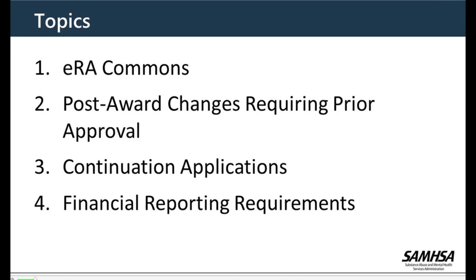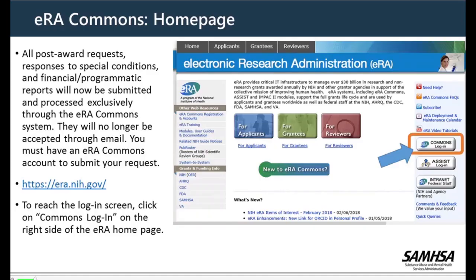But either way, here's a brief overview on logging into ERA Commons. This is the homepage you would see if you go to that era.nih.gov web address, and to log in, you'd go to the Commons login circled link on the side.